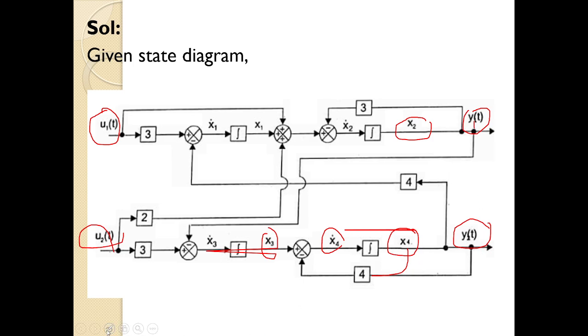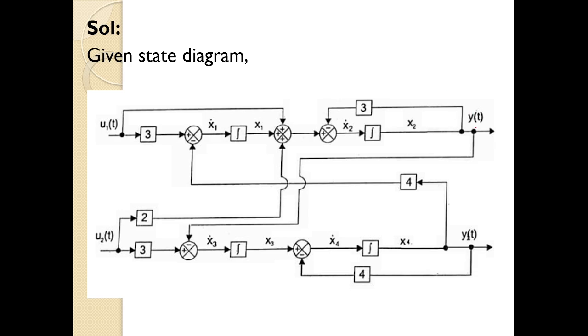I will erase all the ink. So this is y1. Okay, so y1 of t is equal to what? x2. y2 of t is equal to what? x4. Okay, y1 of t is equal to x2 and y2 of t is equal to x4.